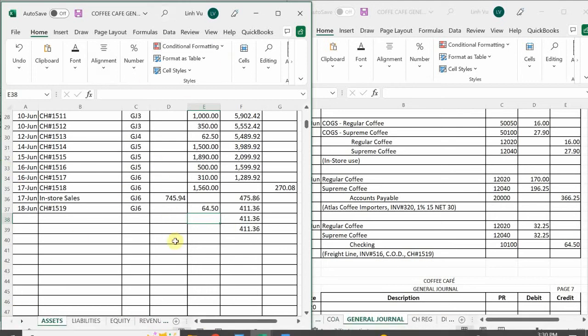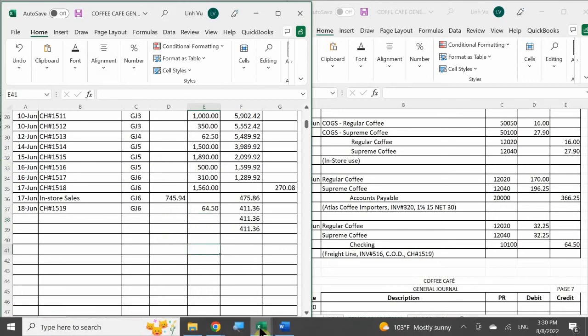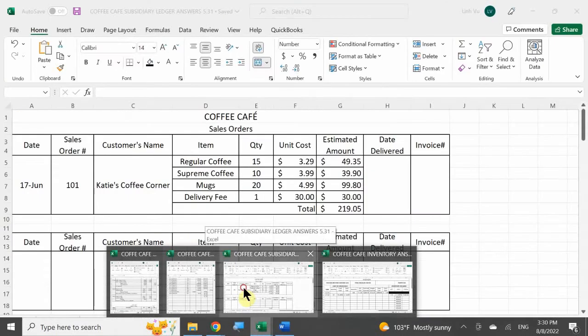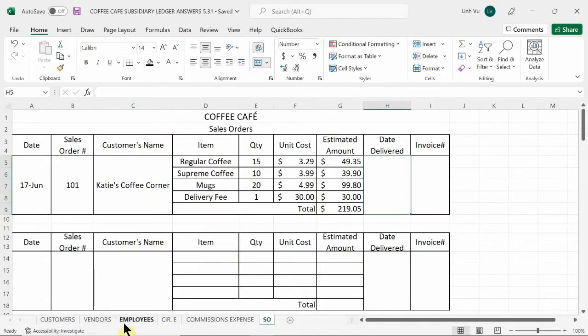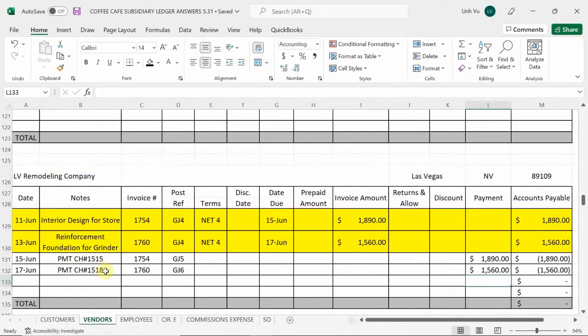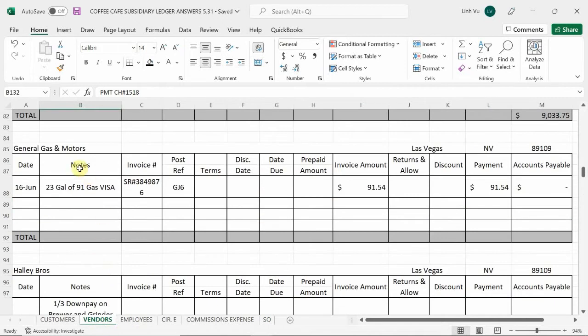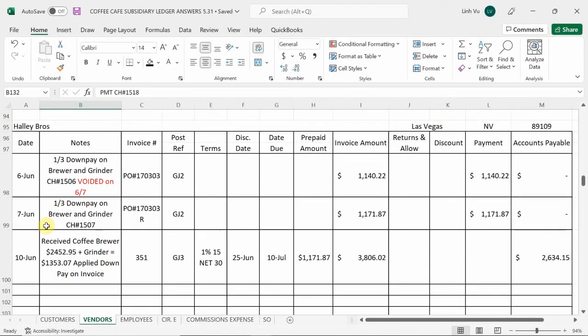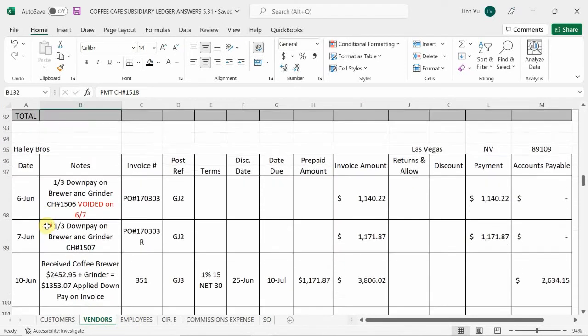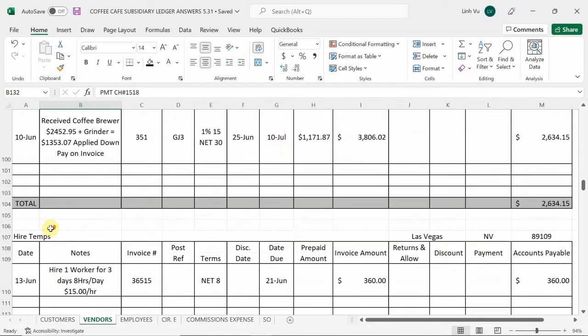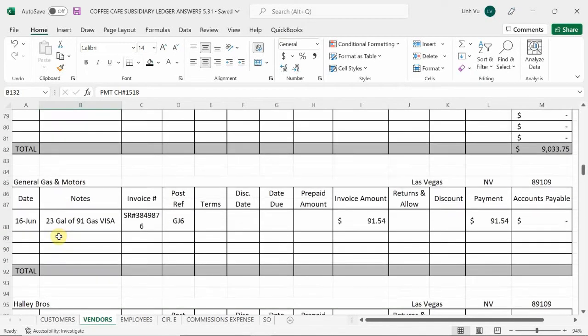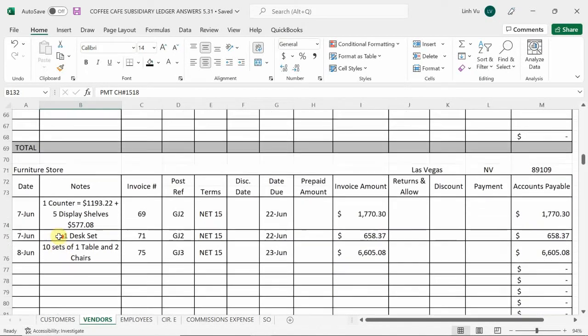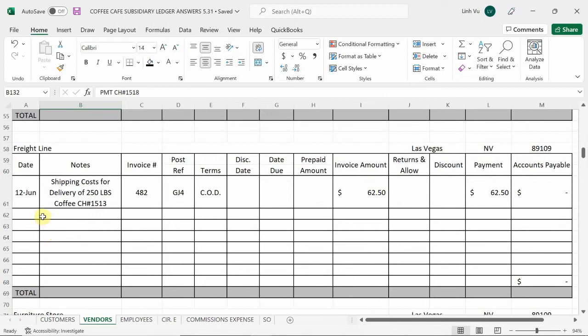And then to the subsidiary. We put in freight line in the vendors. You want to do freight line first? Freight line. Okay.